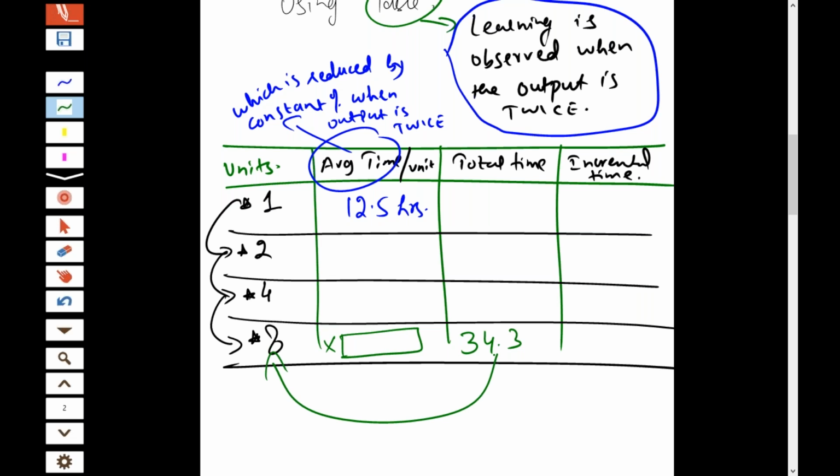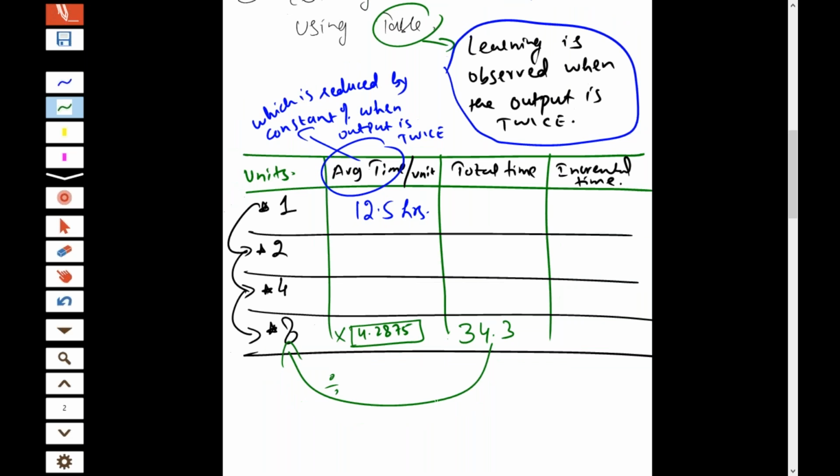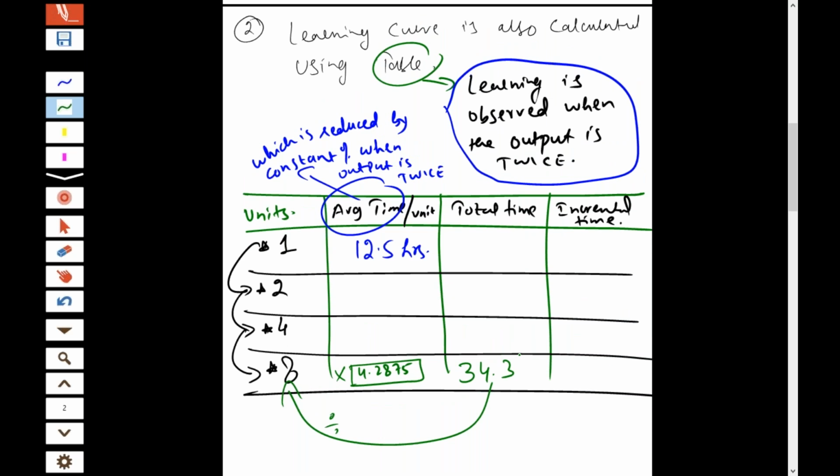So I need to go back. 34.3 divided by 8, that is 4.2875 hours. 4.2875 hours is the average time per unit.